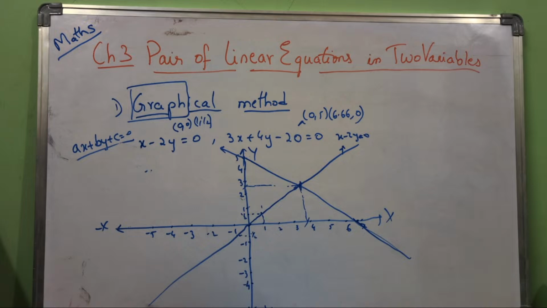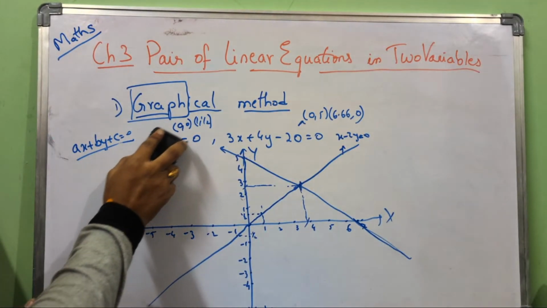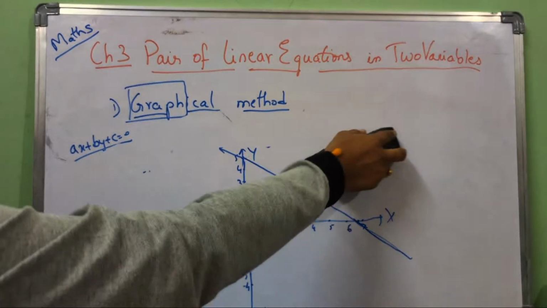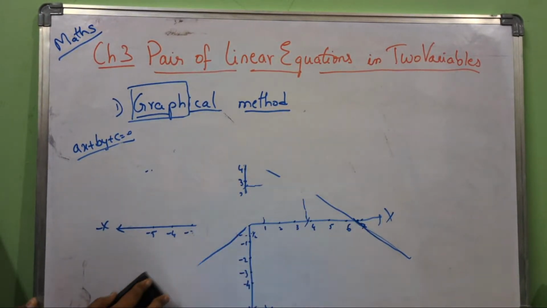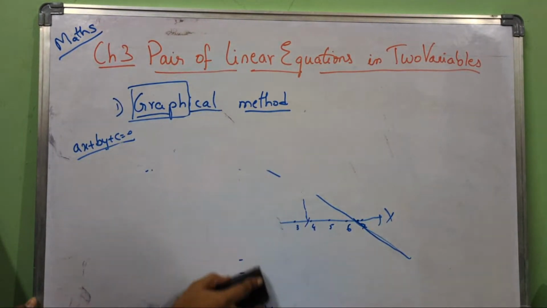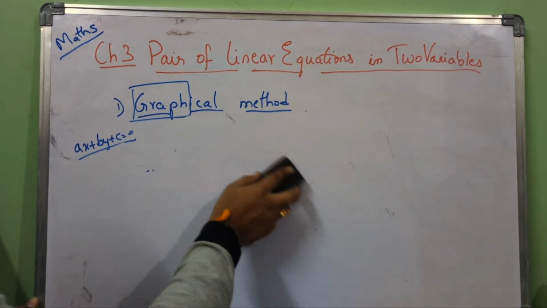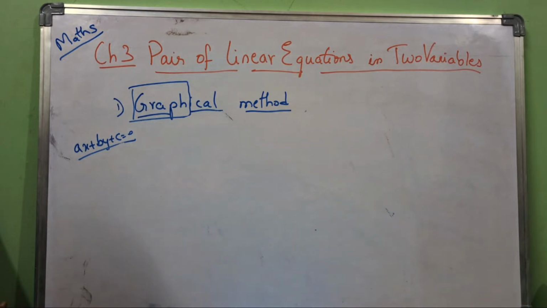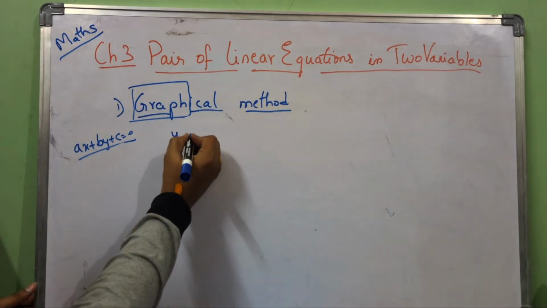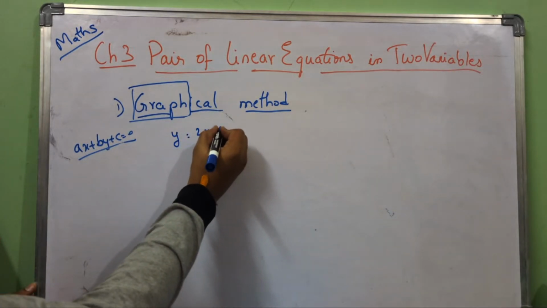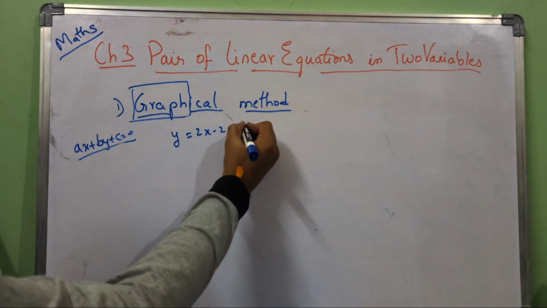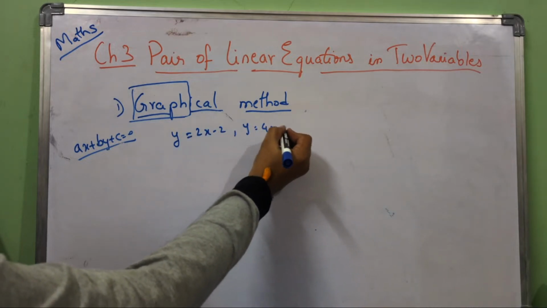Okay, let's take another one. y is equal to 2x minus 2 and y is equal to 4x minus 4.